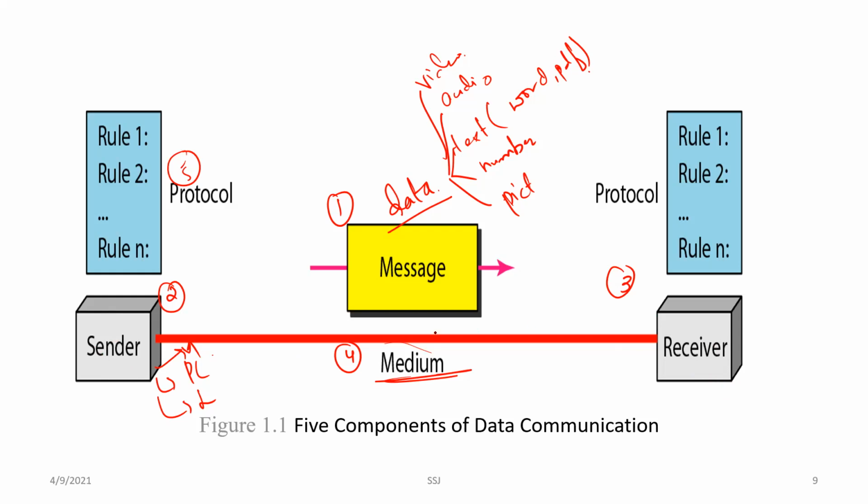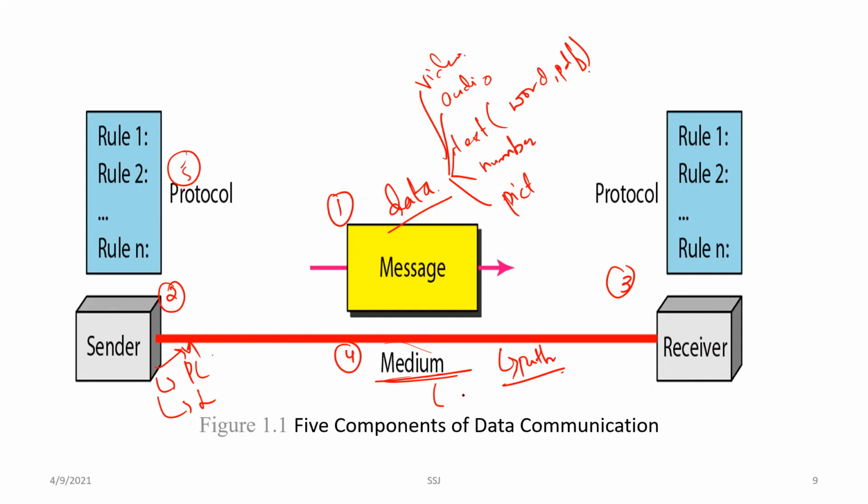Now, what is the transmission medium? The transmission medium is basically the physical path by which a message travels. Let me just mention it: it is a path from which the message travels from the sender to the receiver.